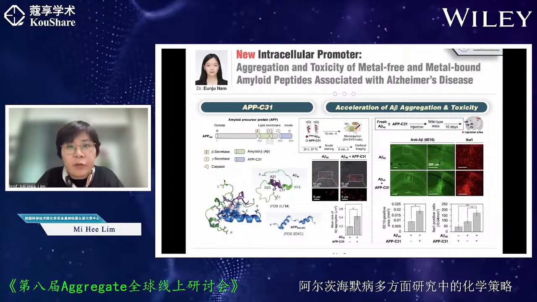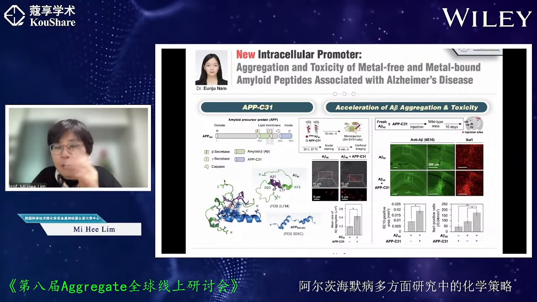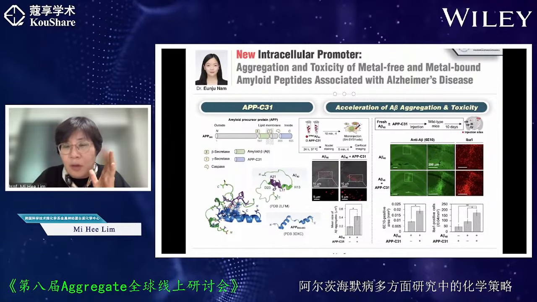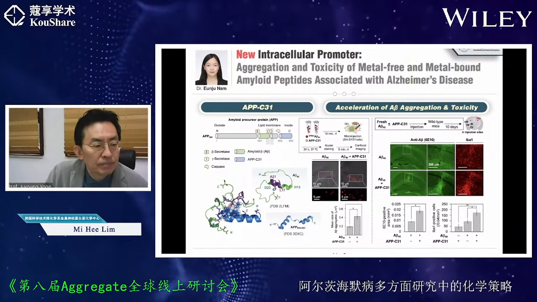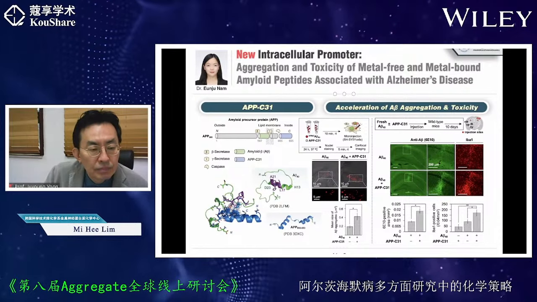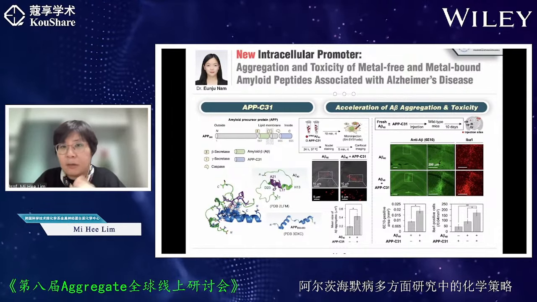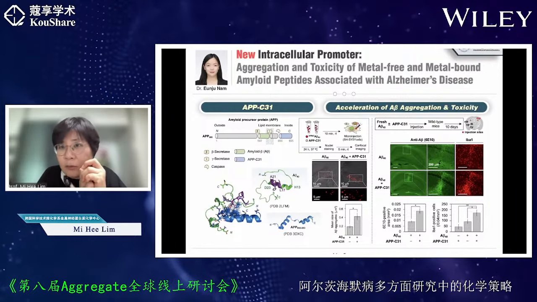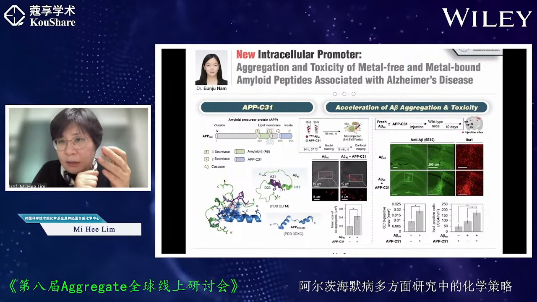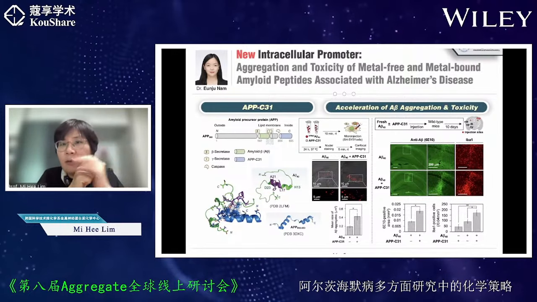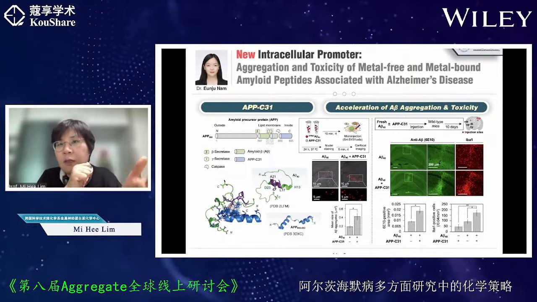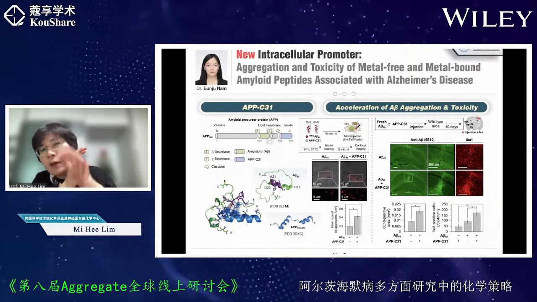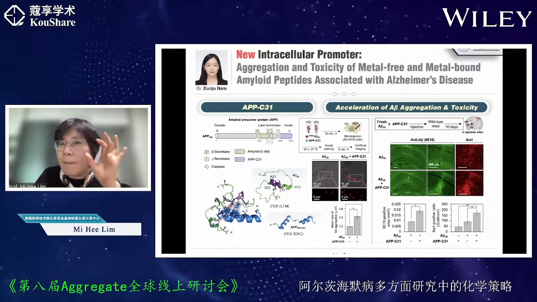So I think ferroptosis is iron related, and the other one is cuproptosis, which is copper related. These are all metal related. Then the A-beta aggregation and toxicity we observed are increased. In another way, controlling and regulating that phenomenon improves the A-beta related amyloid pathology.